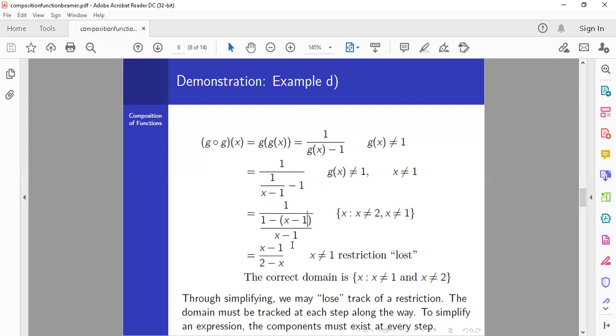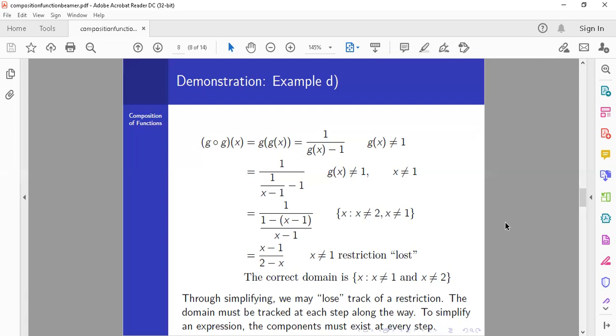The correct domain for this composition is that x can't be 1 and x can't be 2. So when we start simplifying these compositions, we may lose track of a restriction, like as demonstrated here. But the domain must be tracked at each step along the way.